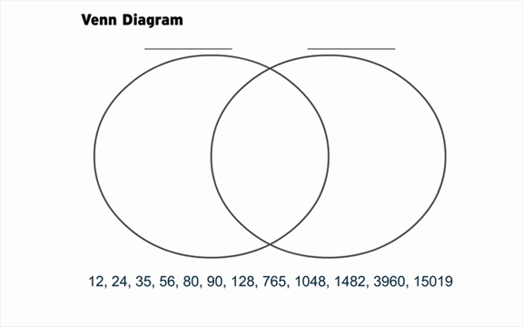With a Venn diagram, we will show on each side different parts of the information. So this side, in other words, will represent divisible by 5. And over here, this side will represent divisible by 8.